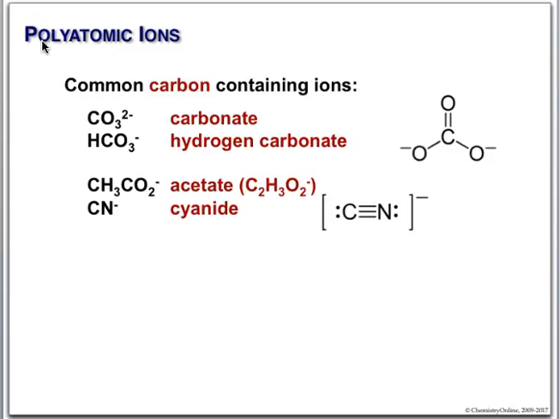Now we'll talk about this later on. It's not going to show up on your exam or whatever. Just know it exists. It's acetate. Acetic acid is vinegar. And this is the anion corresponding to vinegar after it loses a hydrogen. Cyanide is something we will see. That's a carbon-nitrogen triple bond with a single negative charge. Make sure you know that guy.